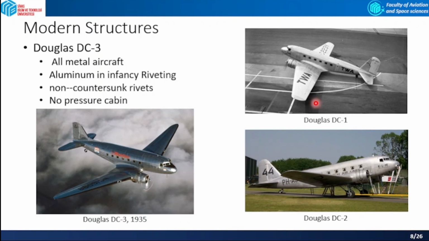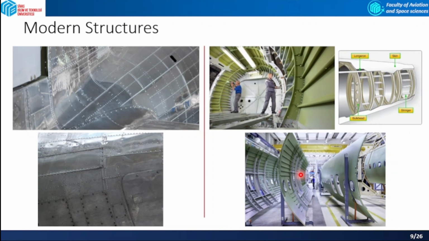But these rivets stuck out, and they weren't very good for flying smoothly. Later, countersunk rivets were introduced, and they resulted in smooth outer surfaces.